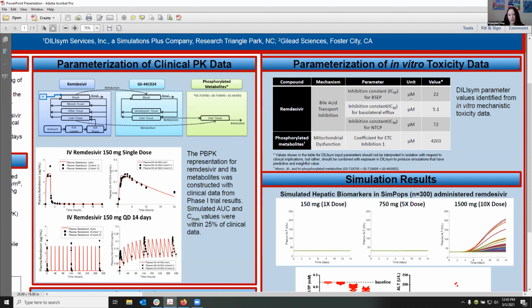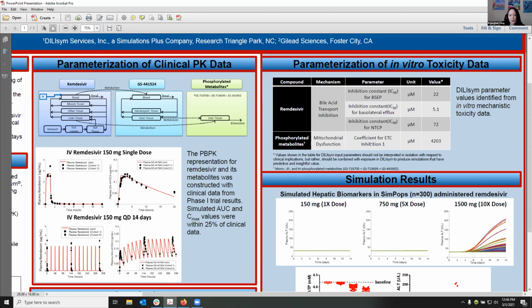Inhibition constants were estimated using those experimental data. And data also showed that the metabolites of remdesivir did not inhibit any of these bile acid transporters. And the mitochondrial function was assessed using Seahorse XF analyzer in primary human hepatocytes incubated with remdesivir or its metabolites.